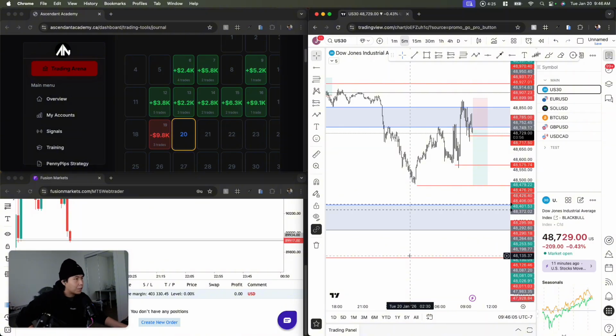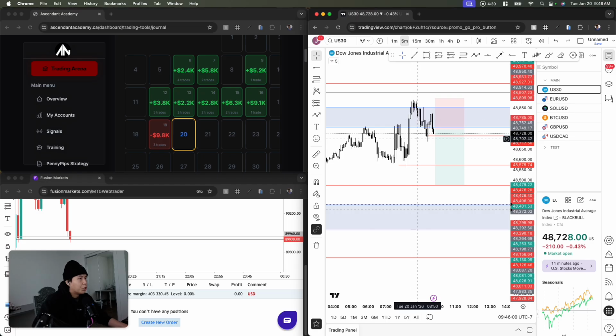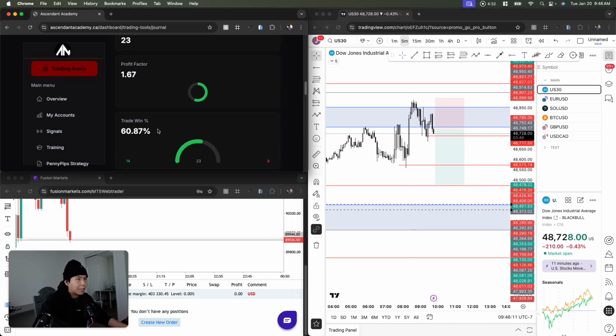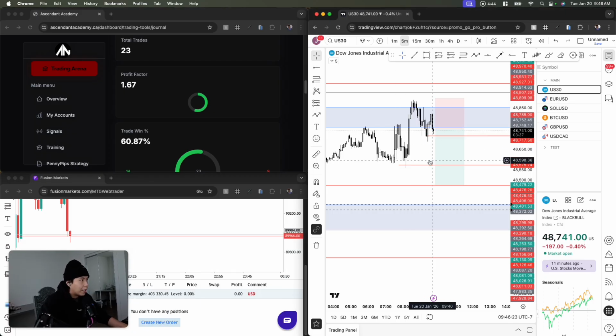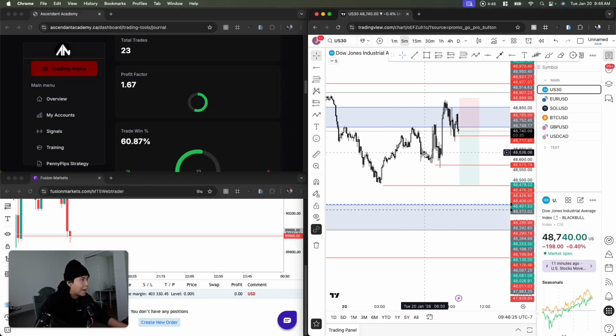And I say this all the time: if you're trading with a regulated broker like Fusion Markets, would you rather care more about having the best win rate or the best profit factor on your trades? If you're trading with the amount of capital I have, which is around $400,000, I can make like $4,000 on this trade, and I could cut it around this point for like $4,000 where my cursor is for the second take profit.